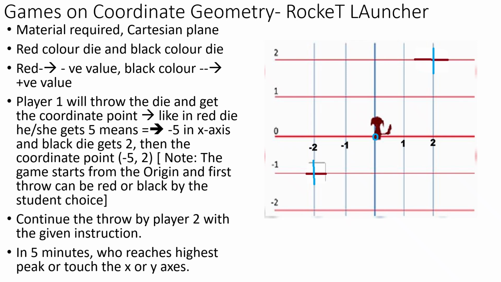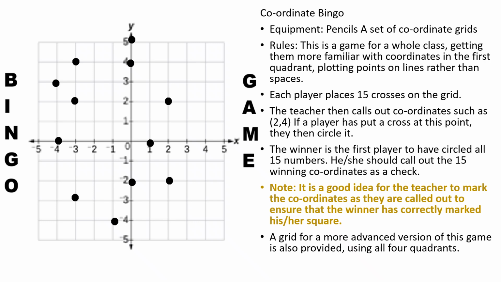From this activity, the students are able to understand what is to be marked first, on x-axis or y-axis. Along with that, the quadrant is also to be learned. So with an easy way of learning the new concept with an activity as a game, which is easy to remember.